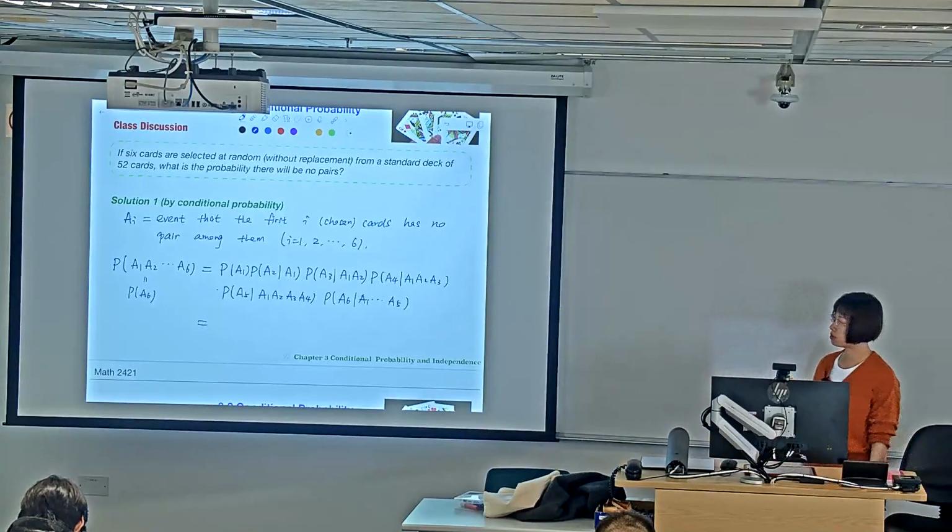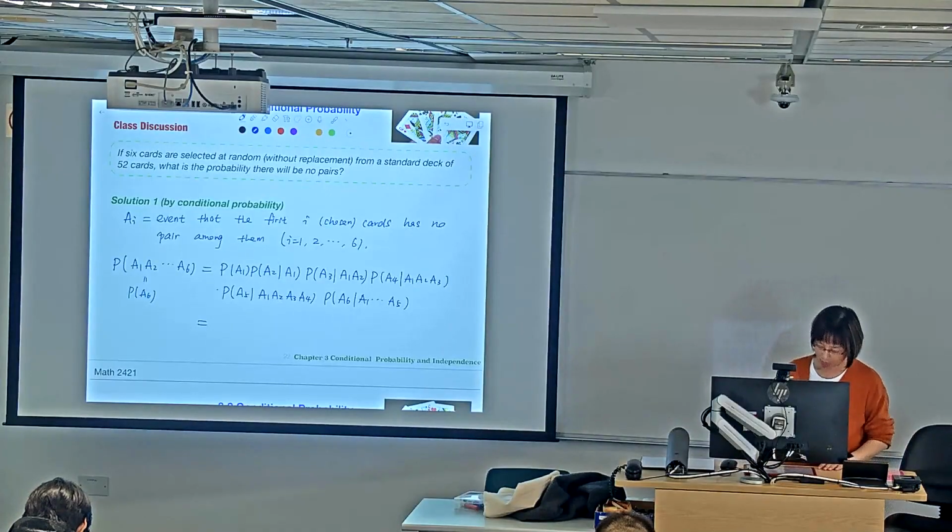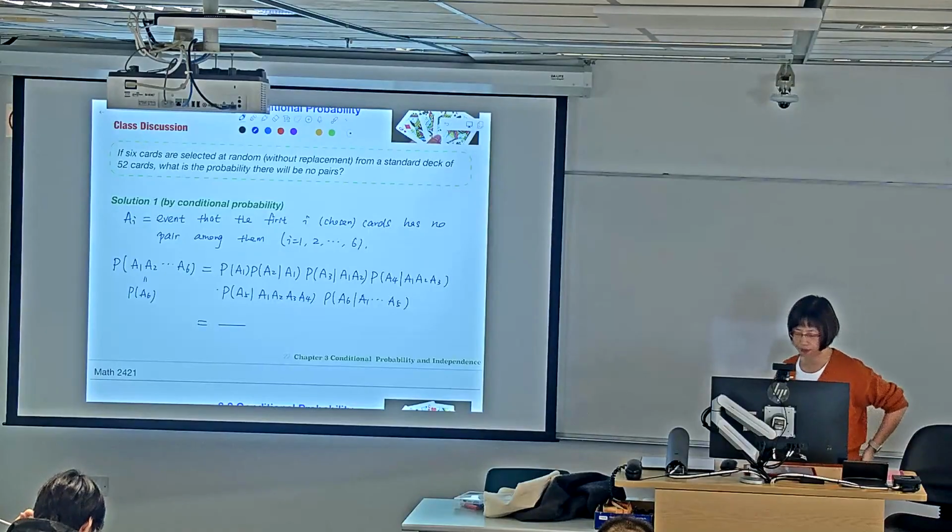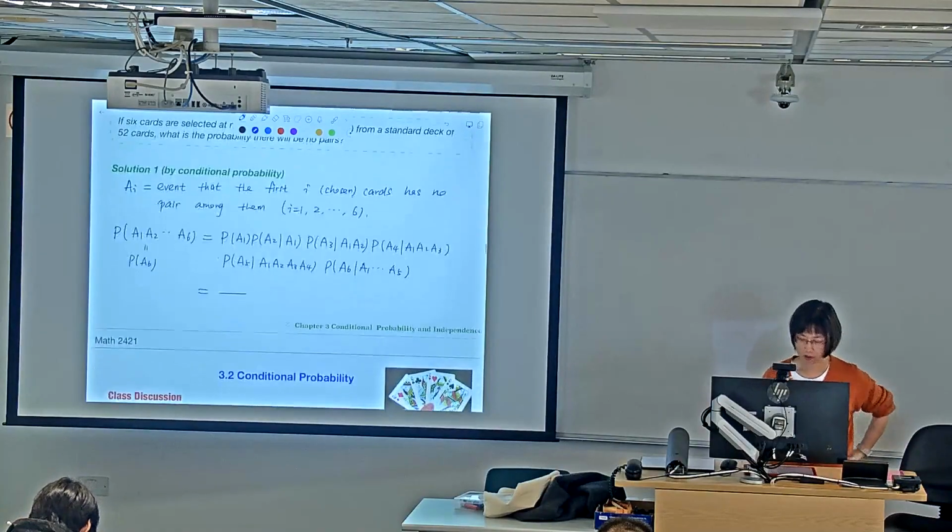If you want to use conditional probability, you have to do it this way, and then compute the probability for each factor in this formula.